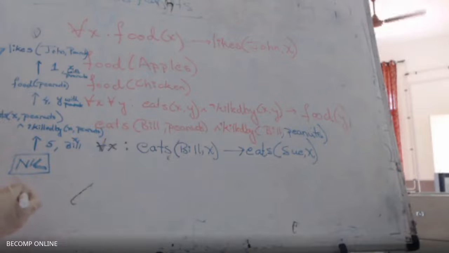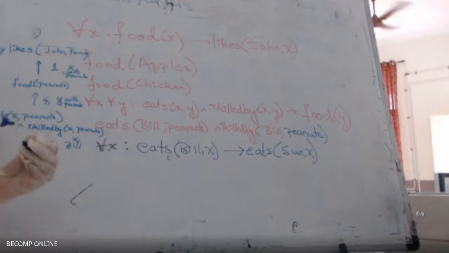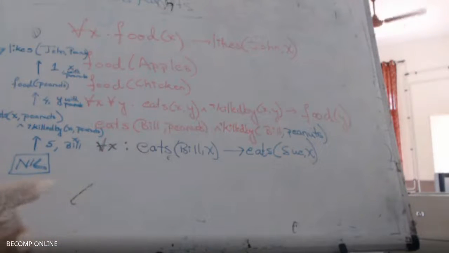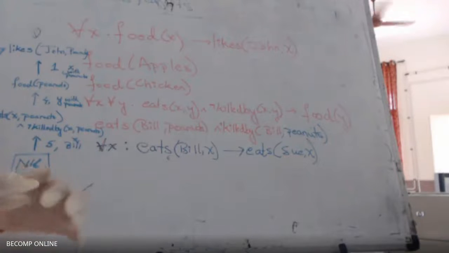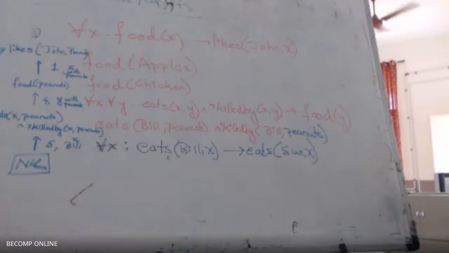Now you tell me, if I begin this with a negation, what is going to happen? What does this mean? If I've got a nil here, what does it mean?